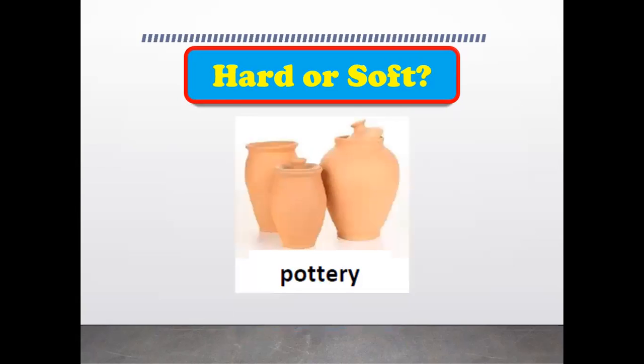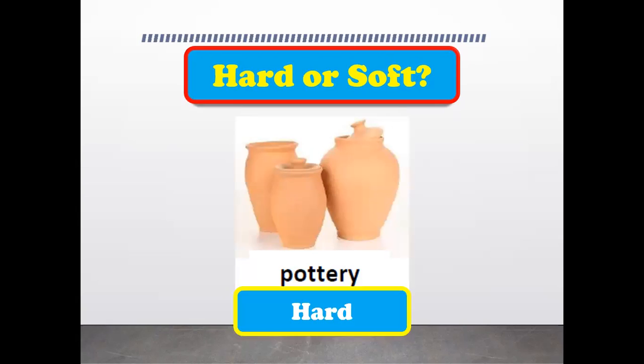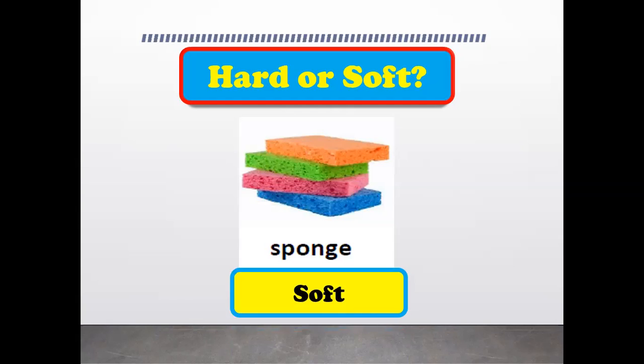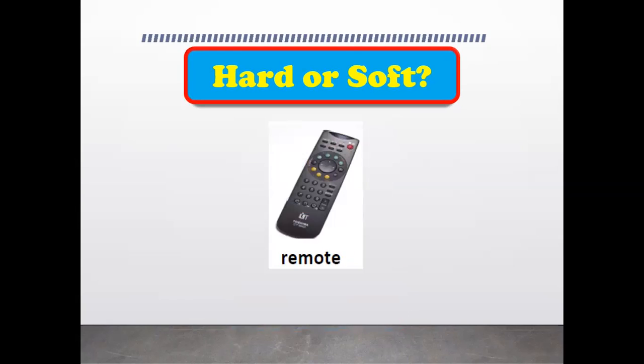What about the pottery? Difficult or easy? It will be difficult, so it will be hard. What about the sponge? Can you cut it easily, for example? Yes, so it is soft. What about the remote? Can you scratch it easily? Can you cut it?